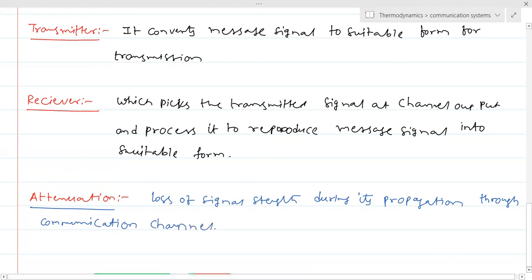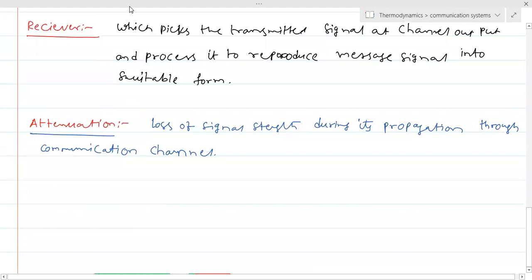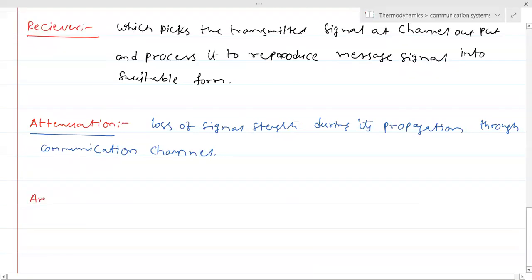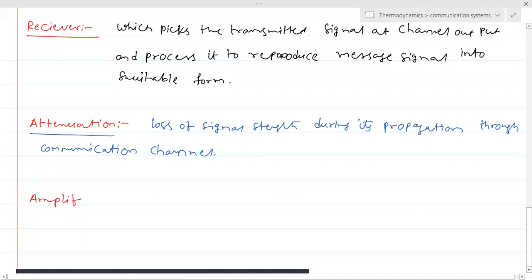So this is about attenuation. And next we think of amplification. Amplifying means increasing the strength of signal.